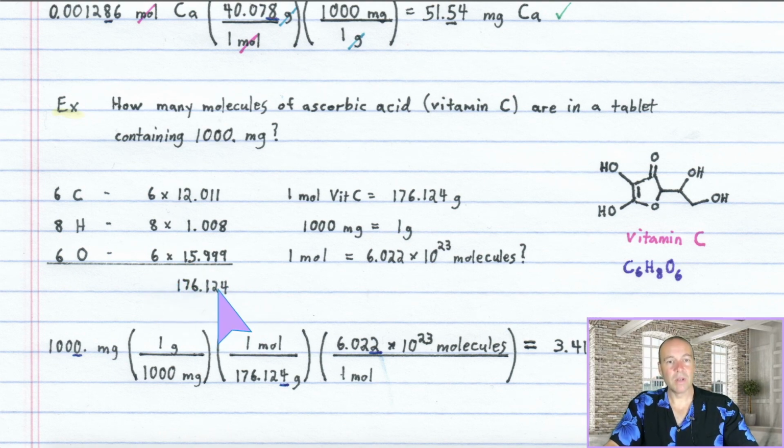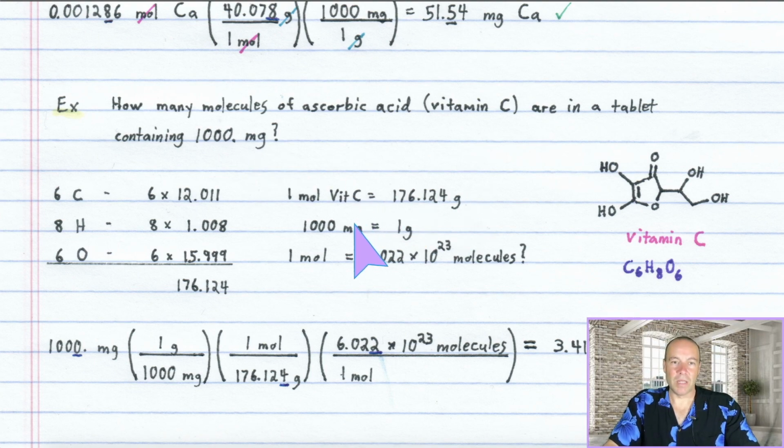So this number, of course, tells us how heavy a molecule is, and it also tells us how heavy a mole is. So a molecule is 176.124 AMUs, and a mole is 176.124 grams. Okay, we're starting with the mass in units related to grams, so this is going to be the one we want.